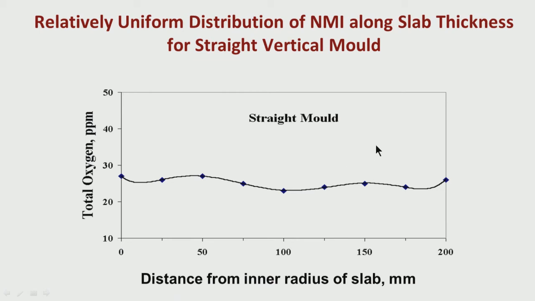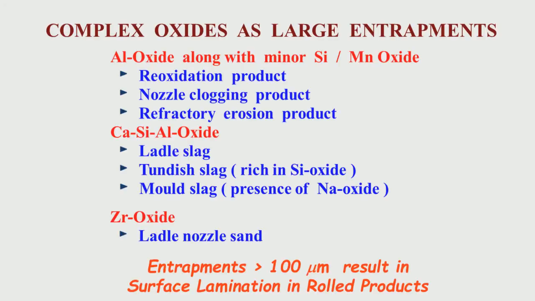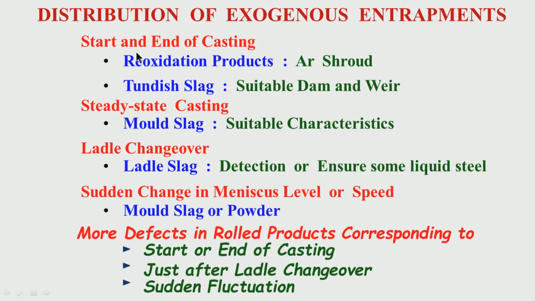So, I have tried to mention the possibilities of entrapment distribution, not only along the length of the casting, but also along the thickness of the casting. For the length of the casting, the distribution is because at the start or end of the casting, when there is a non-steady state, there is a possibility of getting more entrapments.